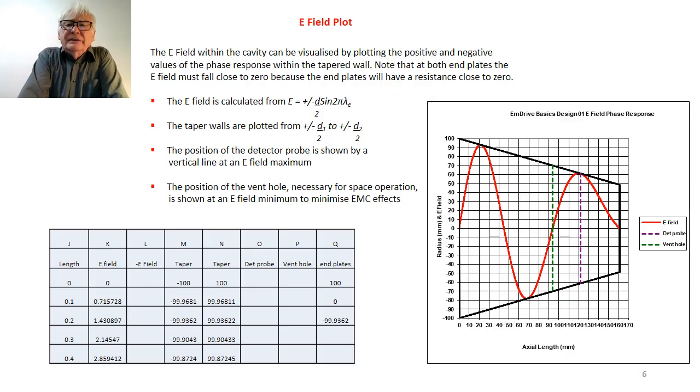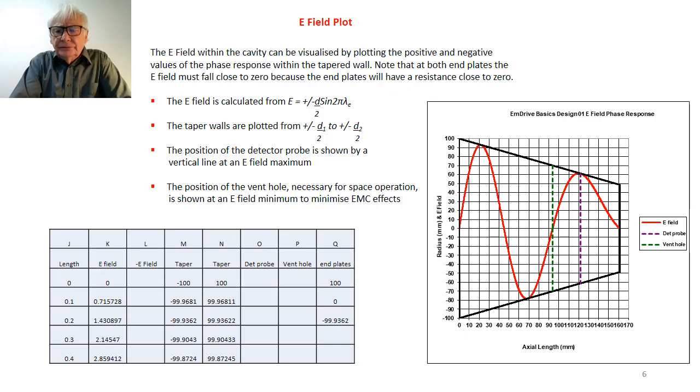So that gives you the tapers, and the position of the detector probe is shown by the vertical purple line, and we put this at an E field maximum so that we can have the smallest detector probe possible, so that we don't load the cavity through the detector probe, but at least we get a good signal from it for the telemetry of the power within the cavity itself.